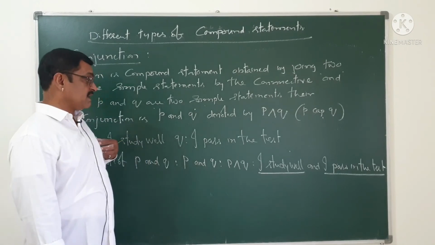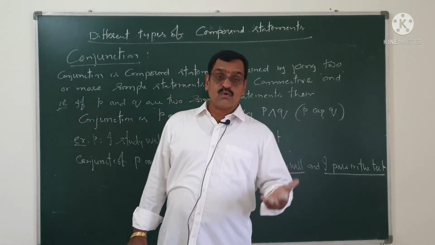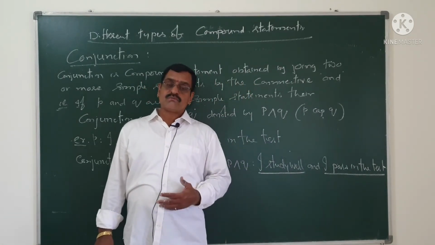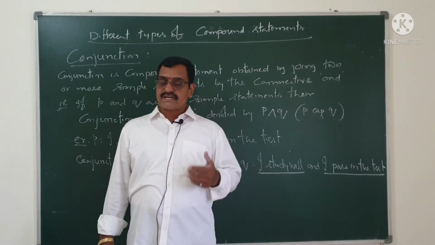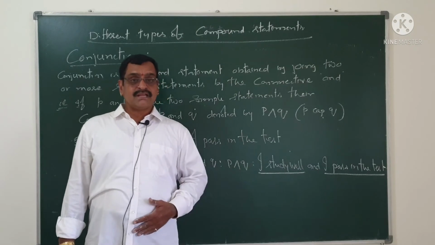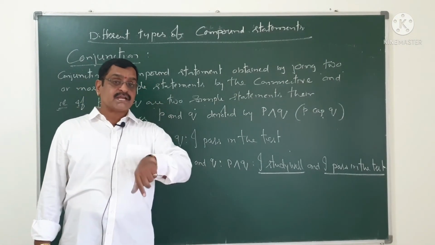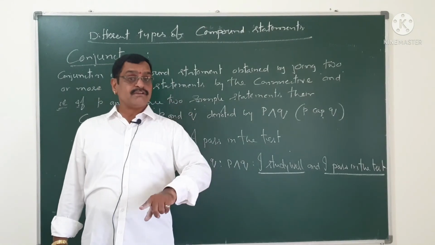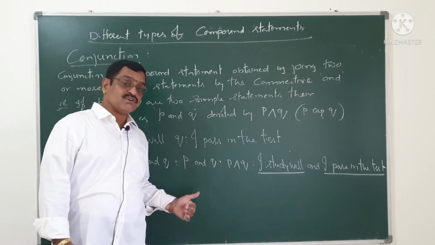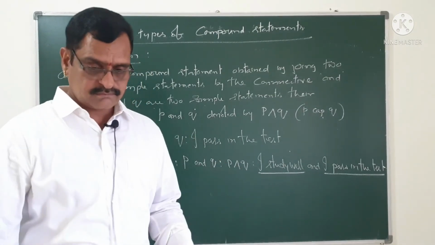For example, if I say I and my friend both are going to the movie, and next day if both of us go to the movie, that means it's a true statement. If any one of us is missing, that means the whole statement is false. So P and Q will be true if and only if both are true. This is the truth value of conjunction. Now we can tabulate that.